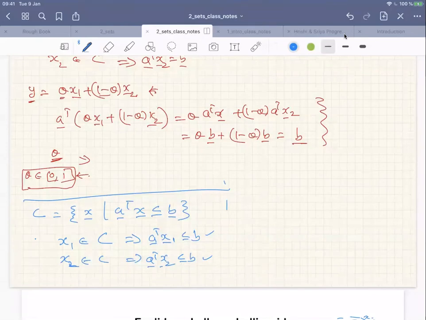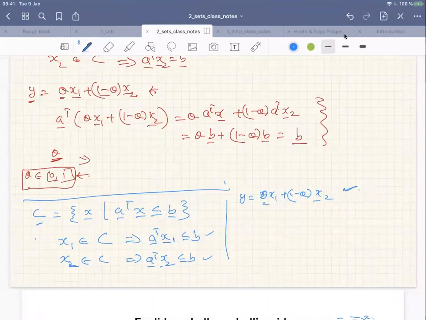Now we take a third element, y equal to theta x1 plus 1 minus theta x2. Let's see what happens if we take a combination of this. We want to know whether this point is in the set C. The point is that it depends on the value of theta.